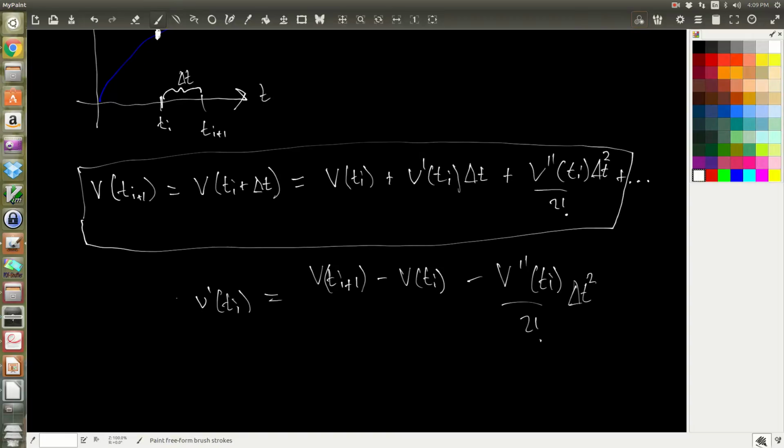And I'm going to have a delta t next to this v prime still. So this term has a delta t next to it.